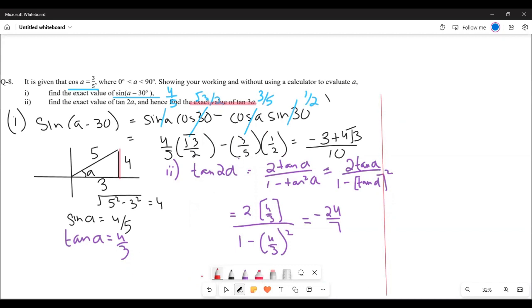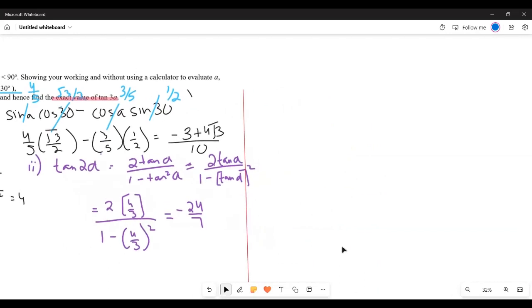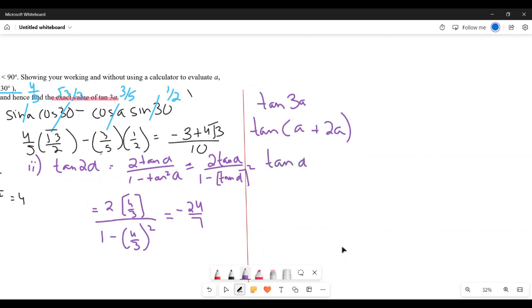So tan 3A would be tan of A plus 2A. So we're going to use the compound angle formula given in the formula sheet: tan A plus tan 2A, upon 1 minus tan A tan 2A.